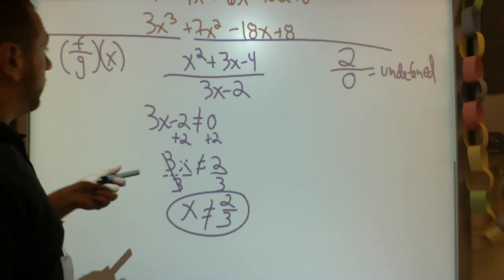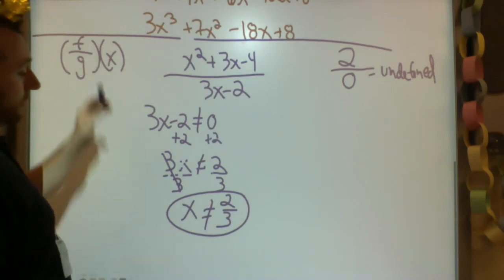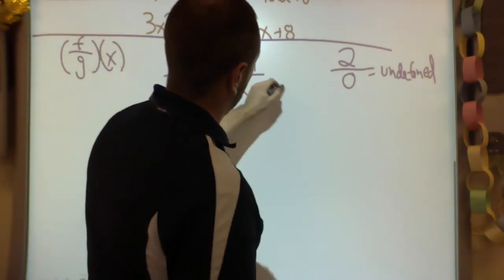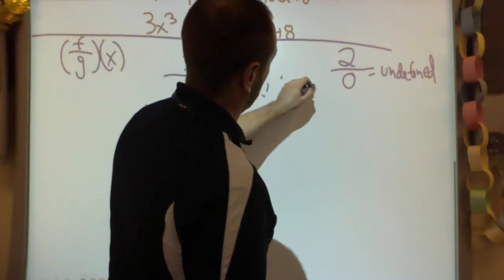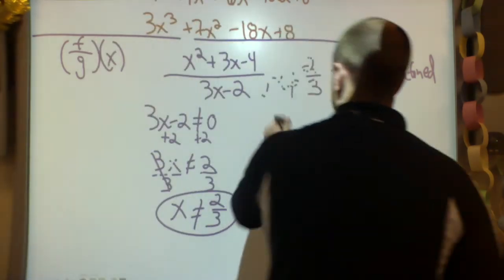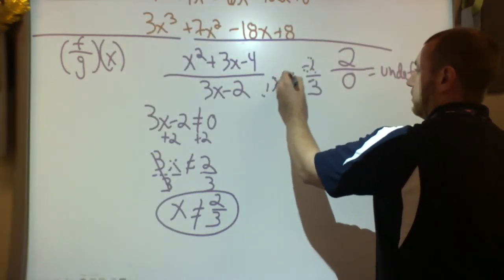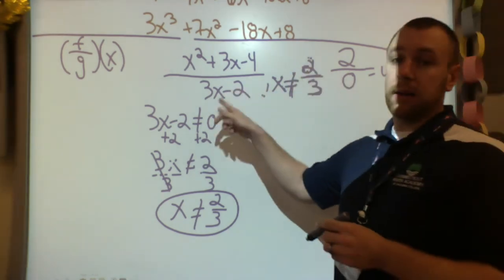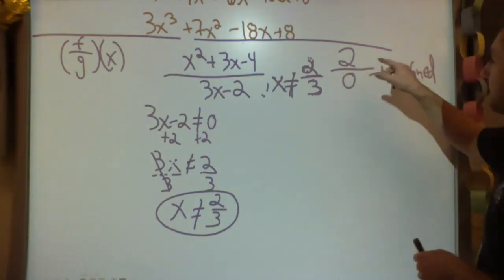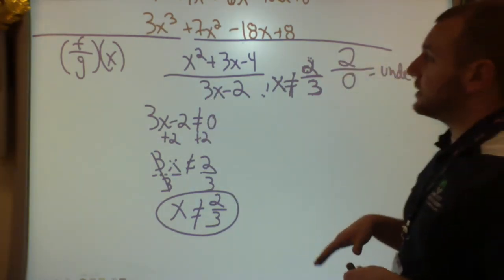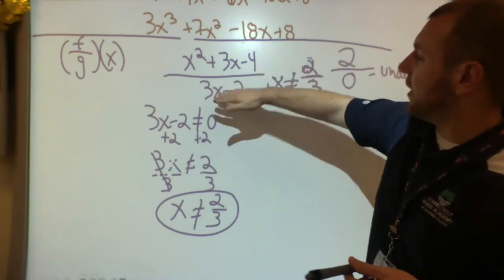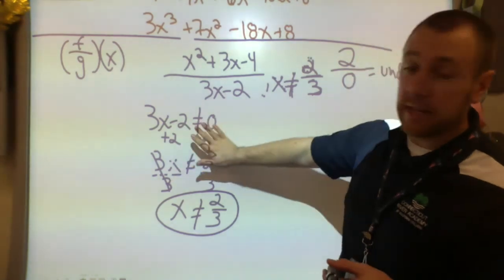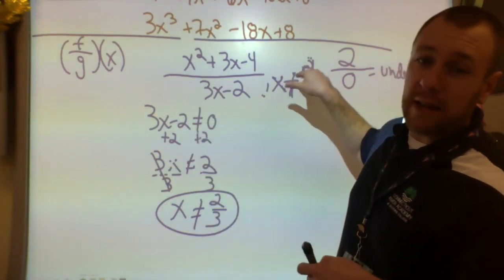So this f divided by g of x is fine, but x cannot be 2/3, because if it's 2/3, this bottom becomes 0, and then I get something undefined. That's the only thing when you're dividing: the bottom can't be 0. So I have to set that bottom part not equal to 0 and solve. That's what the value can't be.